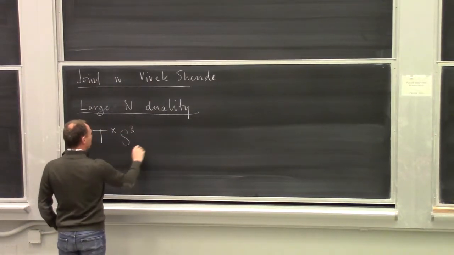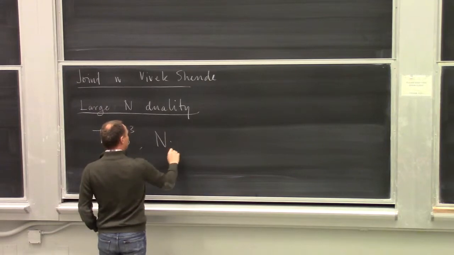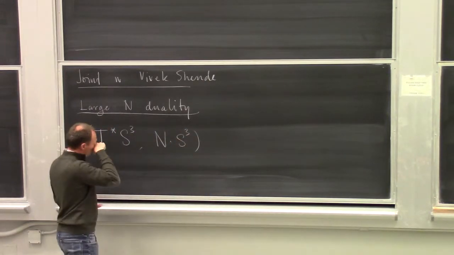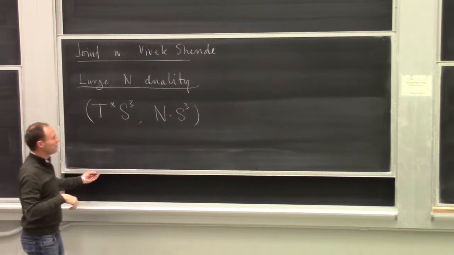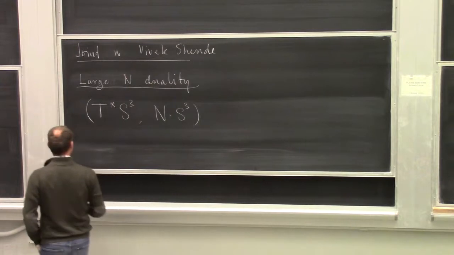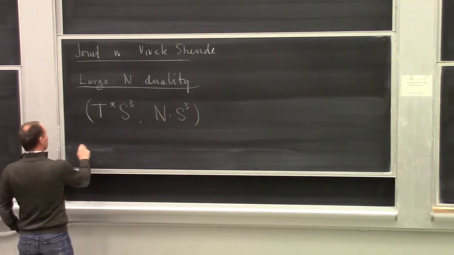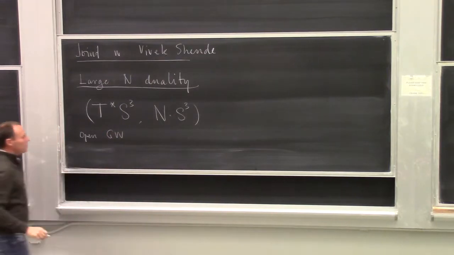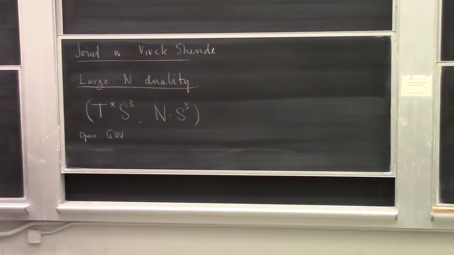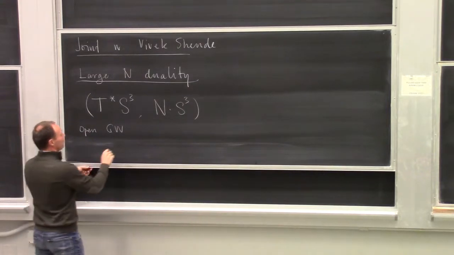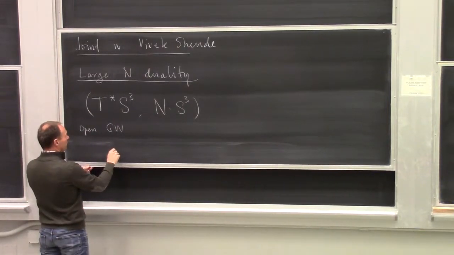On one hand, we count holomorphic curves, and this is some sort of open Gromov-Witten theory, which we should think of as being defined. It would be some kind of partition function. We'll see more details later, but let me write it down.